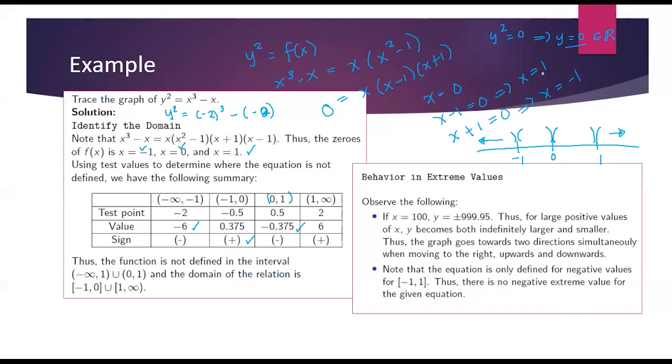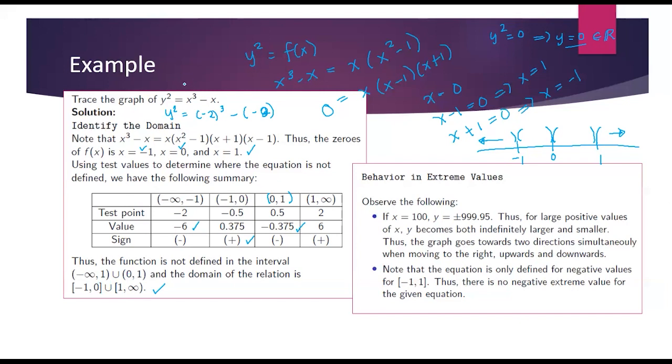That's why these are included. Also, the interval from 1 to infinity will give you a positive result, so this one is also included. And of course, I have here a closed interval because 1 is included. When you plug 1 here, again, it will give you a value of 0 for your y.